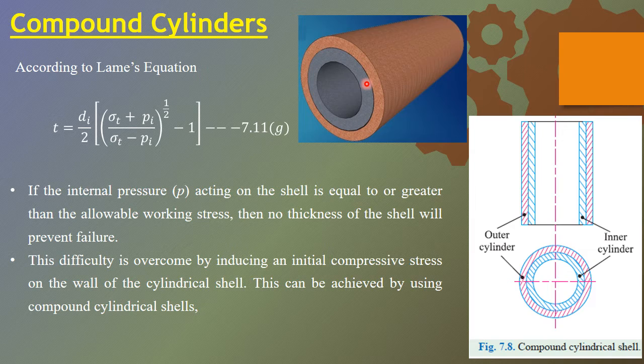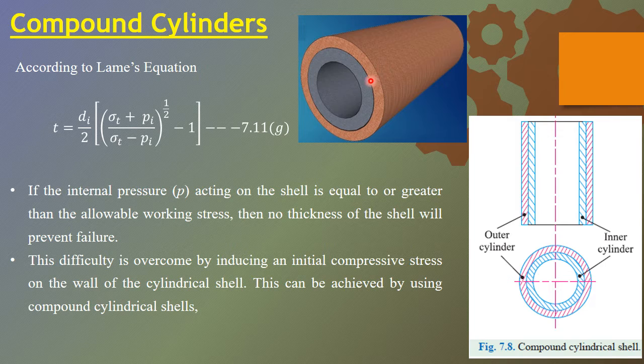As you can see here, this is an example of a compound cylindrical shell. In this figure, there is an outer cylinder and an inner cylinder. The outer cylinder has some amount of thickness, so it has an outer diameter as well as an inner diameter.